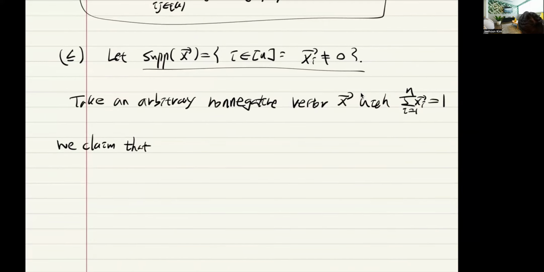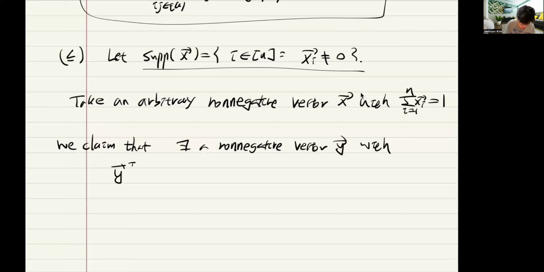There exists another non-negative vector y with y transpose A y bigger than or equal to x transpose A x.